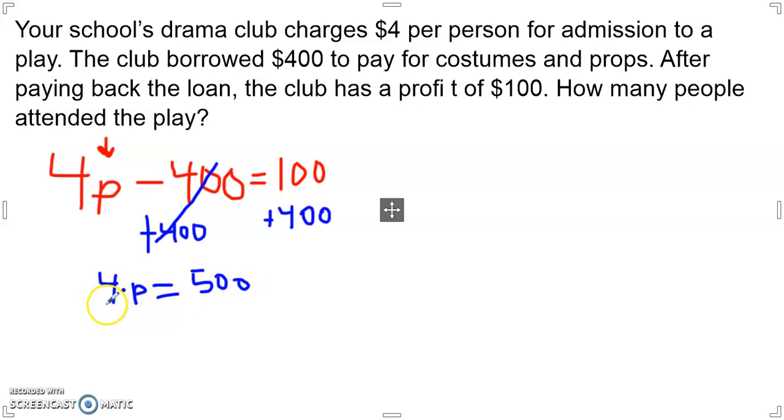And since these are touching, we know it's times. So we've got to divide by 4. That cancels. Now we have 500 divided by 4 is 125 is p. And remember, p is for person right here. So we know that 125 people went to the play.